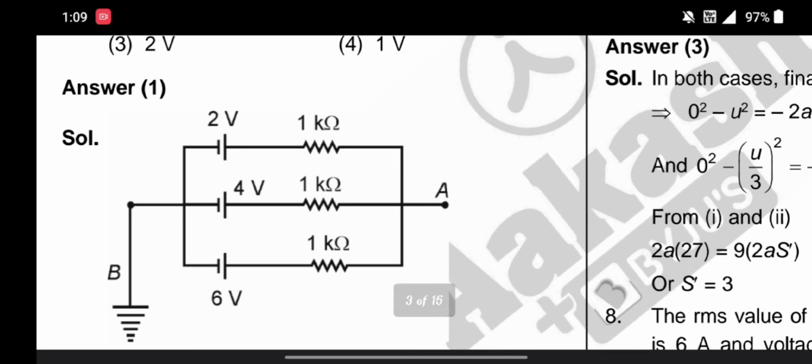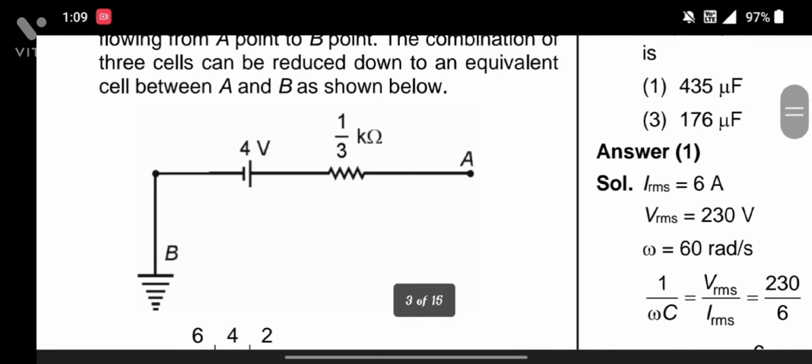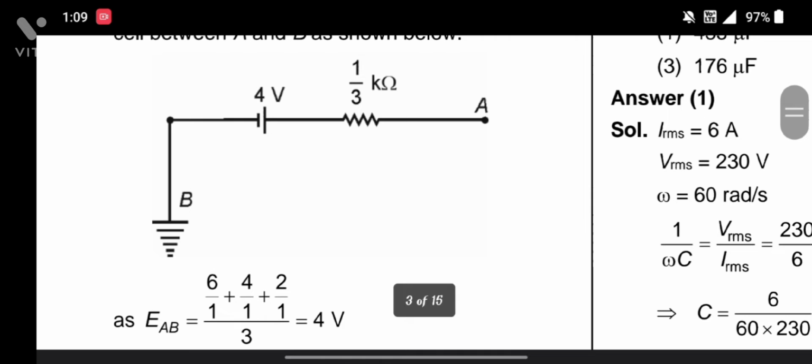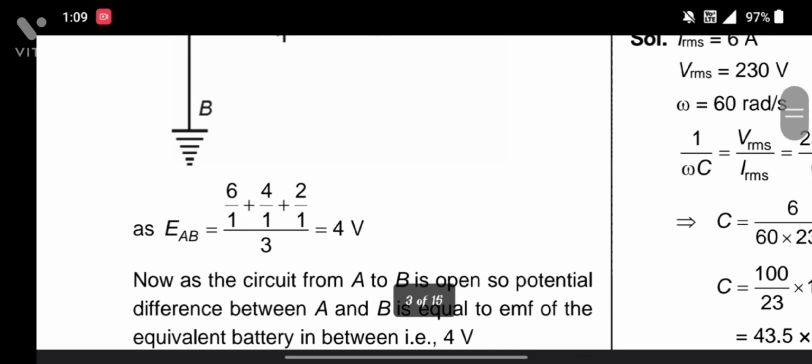Like this, we can make it 1 by 3. 1 is there, 3, here 4, right? So 1 by 3 kilo ohms it will become, because there are 3 resistances and each resistance is 1. So therefore it will become 4 volt. How did we get 4 volt? The batteries are 2 volt, 4 volt and 6 volt.